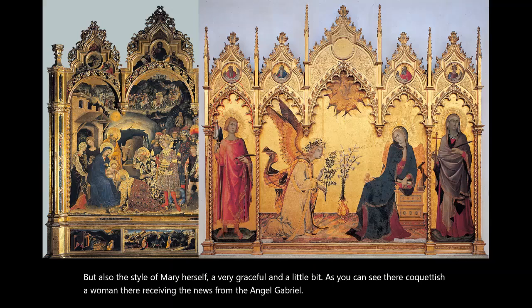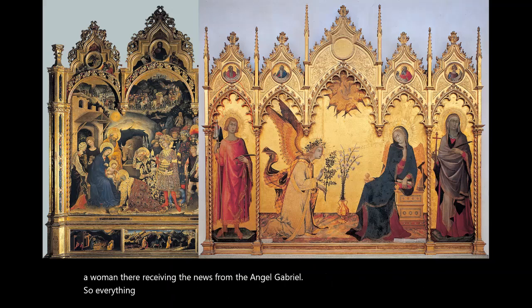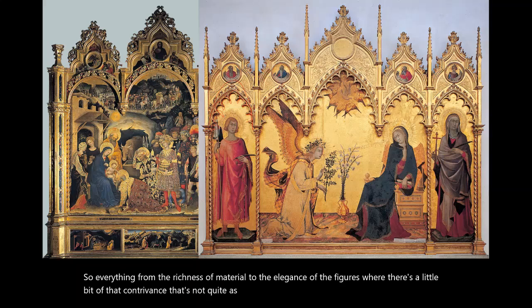So everything from the richness of material to the elegance of the figures, where there's a little bit of that contrivance that's not quite as naturalistic, that is the medieval style holding on in the Trecento and Quattrocento.